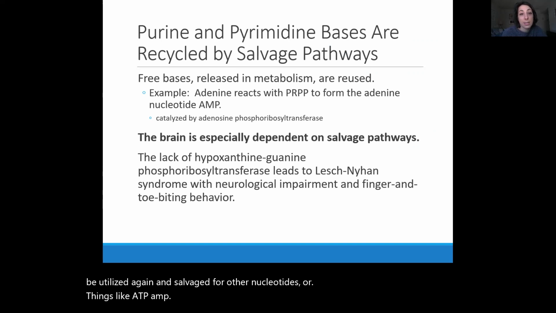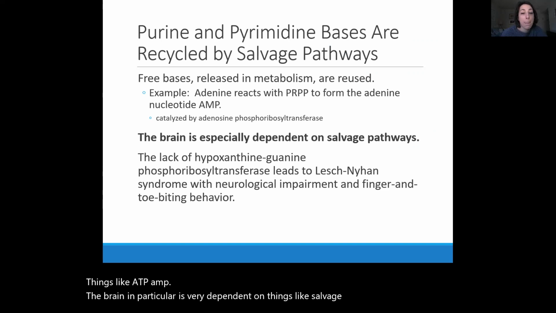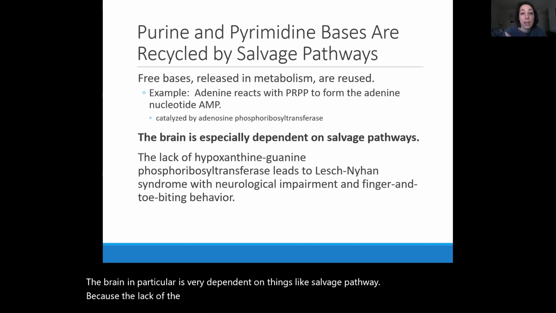The brain in particular is very dependent on the salvage pathway, because the lack of the hypoxanthine-guanine phosphoribosyltransferase in particular can lead to a disease called Lesch-Nyhan syndrome.